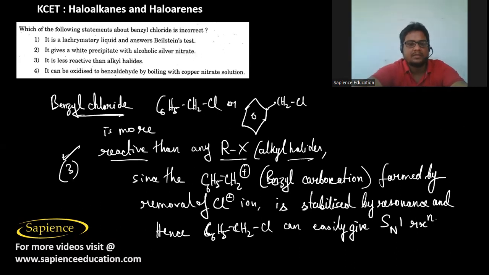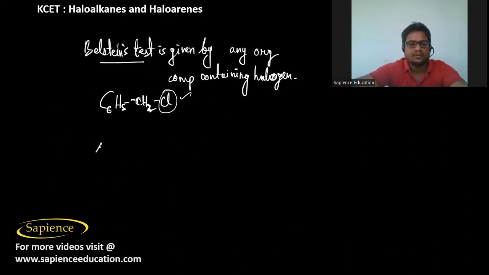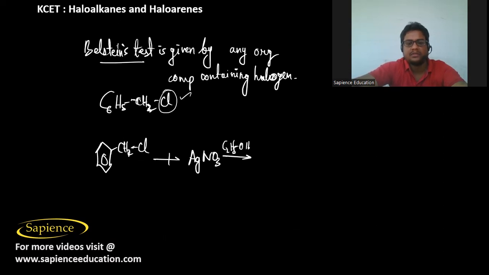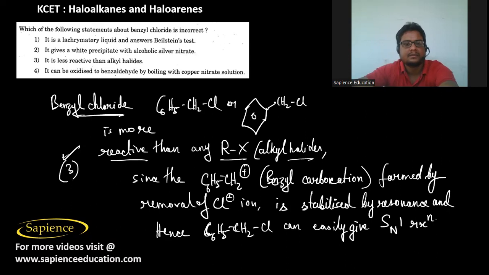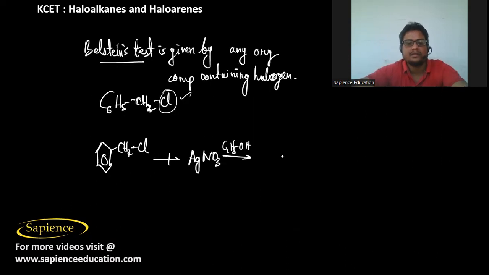And the second statement is that it gives a white precipitate with alcoholic silver nitrate. So with benzyl chloride, if alcoholic silver nitrate is used in the presence of alcohol C2H5OH, then it will form a white precipitate, which is AgCl.